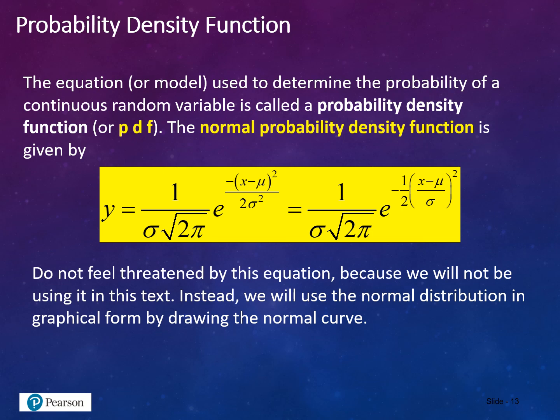The probability density function. The equation or model used to determine the probability of a continuous random variable is called a probability density function, or PDF.